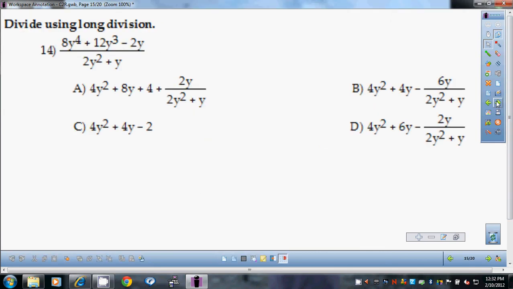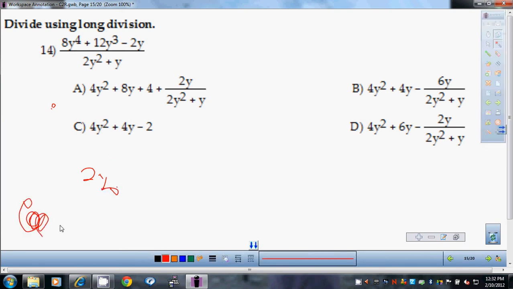Long division. Actually, you know what's interesting about this? We're going to go ahead and do it long division style. But if you had noticed, hey, I can factor a 2y out of everything, you could have reduced it to something you could have done synthetically.